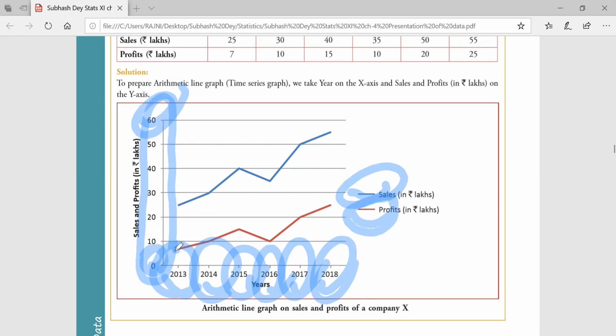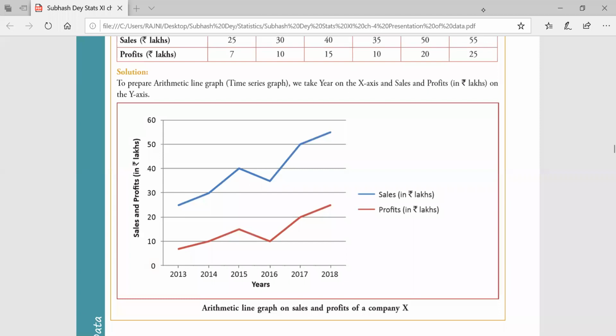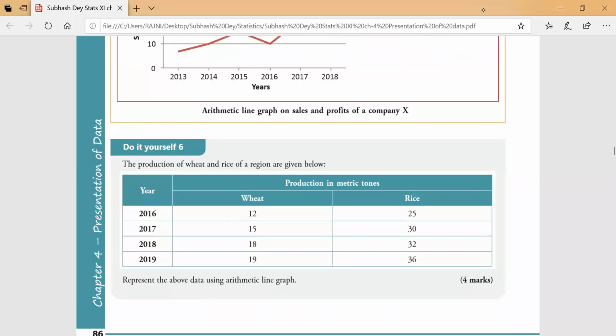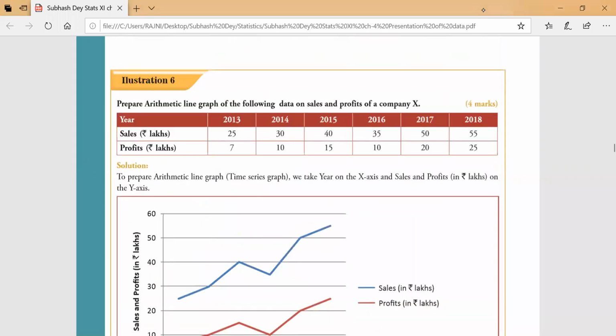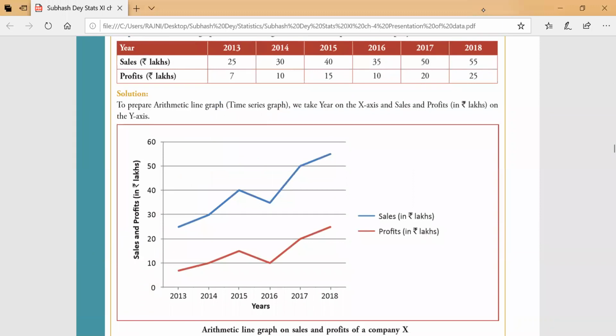By joining the points in 2013, 14, 15, 16, and the same in the sales, after joining these through line segments, you can get the proper arithmetic line graph. So this was the process to form the time series graph or the arithmetic line graph.